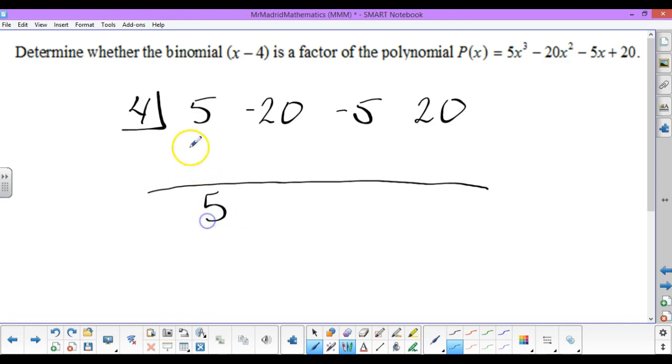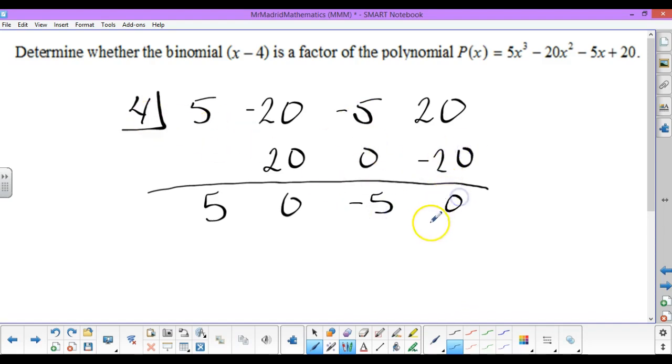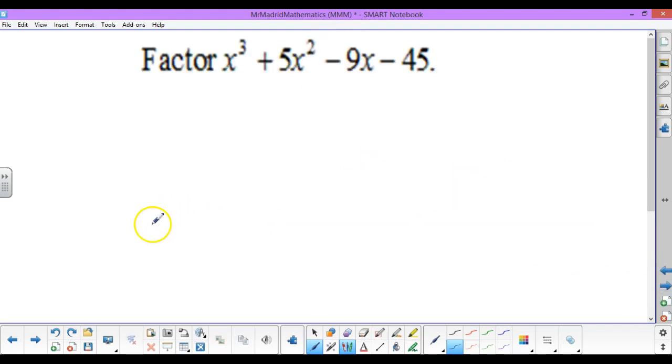Like we looked at in class, we bring this down, multiply, add on 0, multiply 0, add on, bring it down, multiply negative 20, and sure enough, we look at the remainder, and because it's a 0, it is a factor. Yes, it is. Let's keep marching.